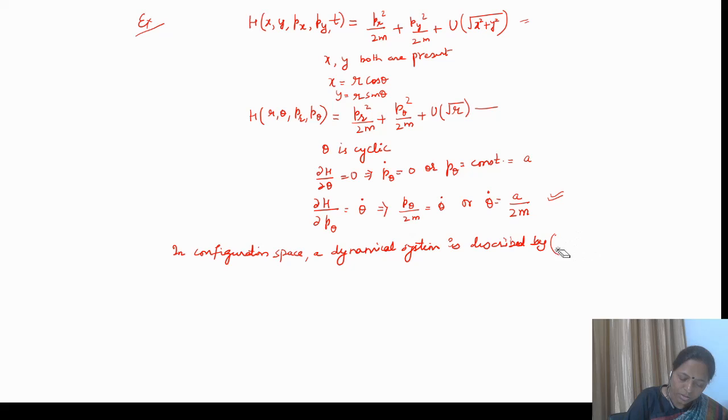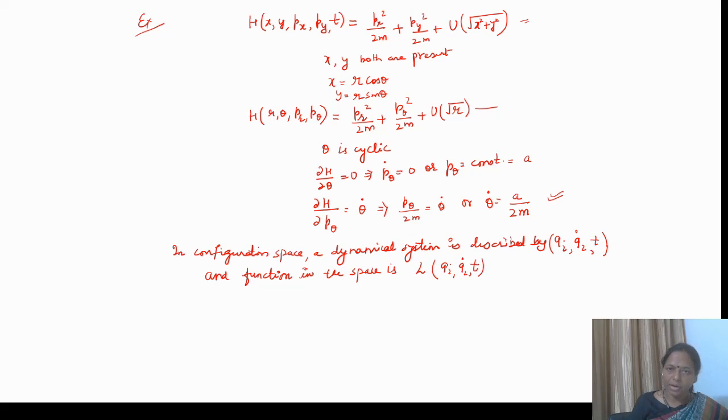So it is described by qi and qi dot, because now you are in the configuration space. I am taking all the coordinates in configuration space. So there is a dynamical system described by qi, qi dot and t, and the function in this space is the Lagrangian L depending upon qi, qi dot and time, right?